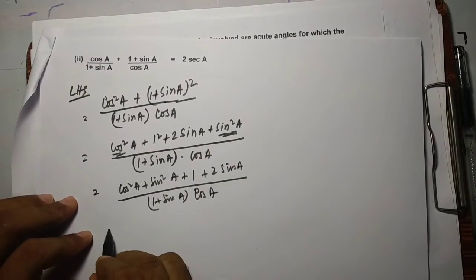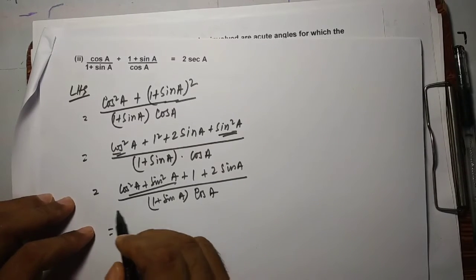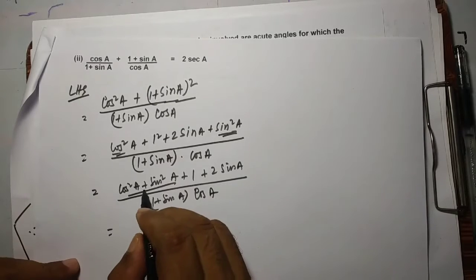Correct? So this is nothing but 1, because you know sin square theta plus cos square theta equal to 1.